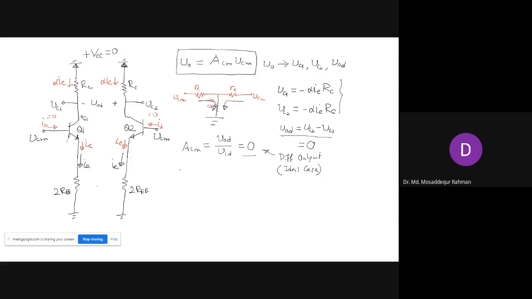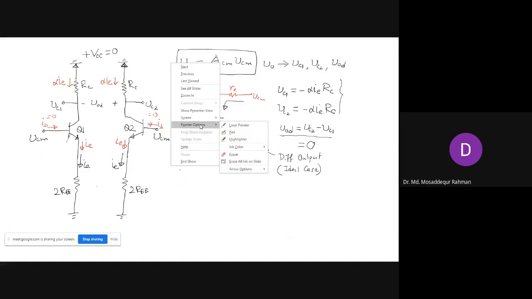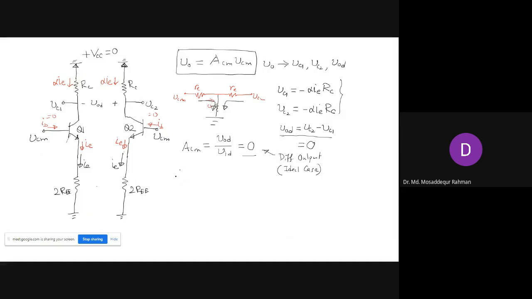So it looks like two separate independent circuits, right? Two separate independent circuits. Now each of these circuits is called the common mode half circuit. Like differential half circuit, these are called the common mode half circuit.